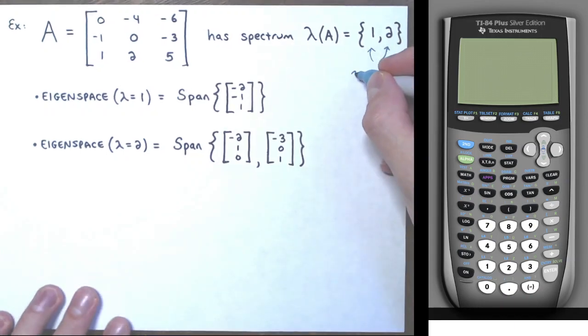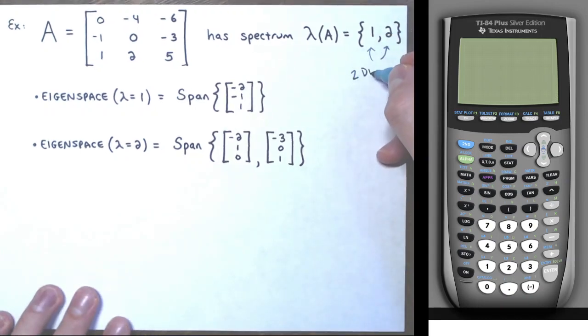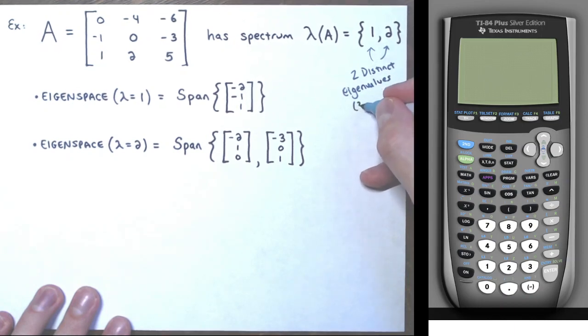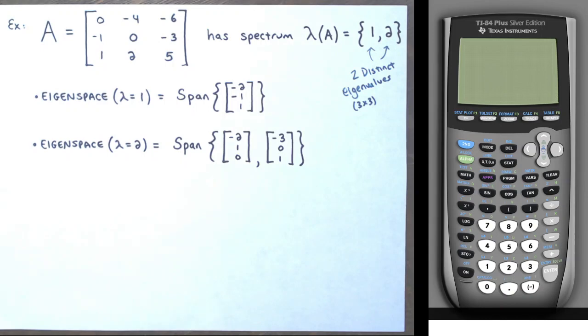But I have 2 different eigenvalues, 2 distinct eigenvalues. And you should have 3 or less, right? Because it's a 3 by 3, so that's true. It's a 3 by 3, and it has at most 3 different eigenvalues. Statement 2 does not apply.